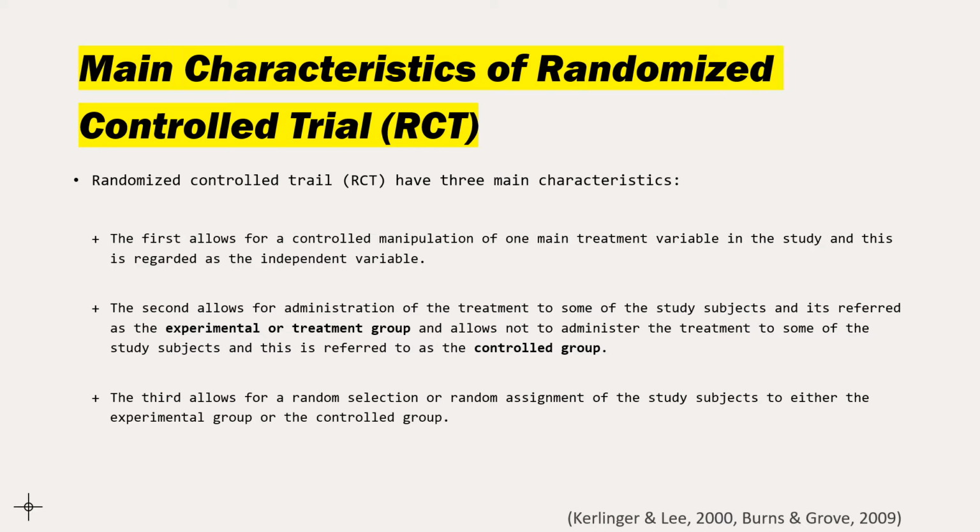The second allows for administration of treatment to some of the study subjects, referred to as the experimental or treatment group, and not administering the treatment to other study subjects, referred to as the control group. The third allows for random selection or random assignment of the study subjects to either the experimental group or the control group.